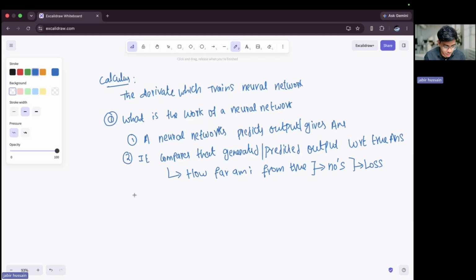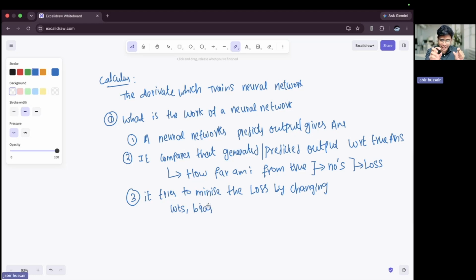Okay, now it tries to minimize the loss by changing something called weights and biases. It changes something, and that something is weights and biases.